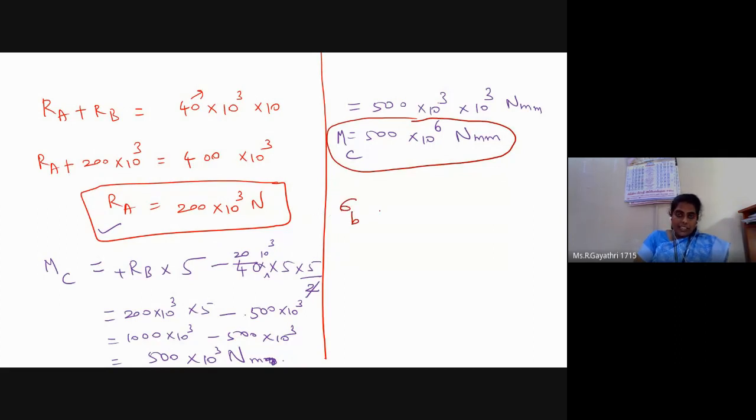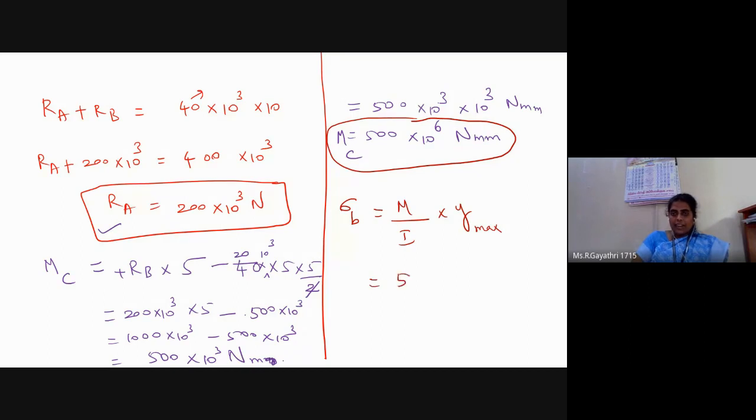Sigma B is equal to M by I into y, M max or M into y max, say anything.